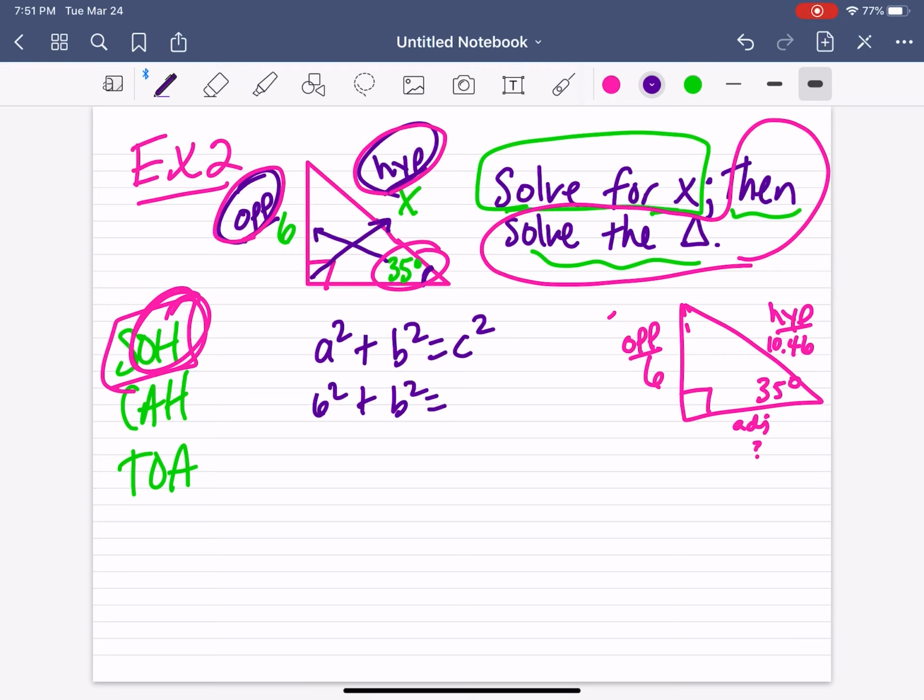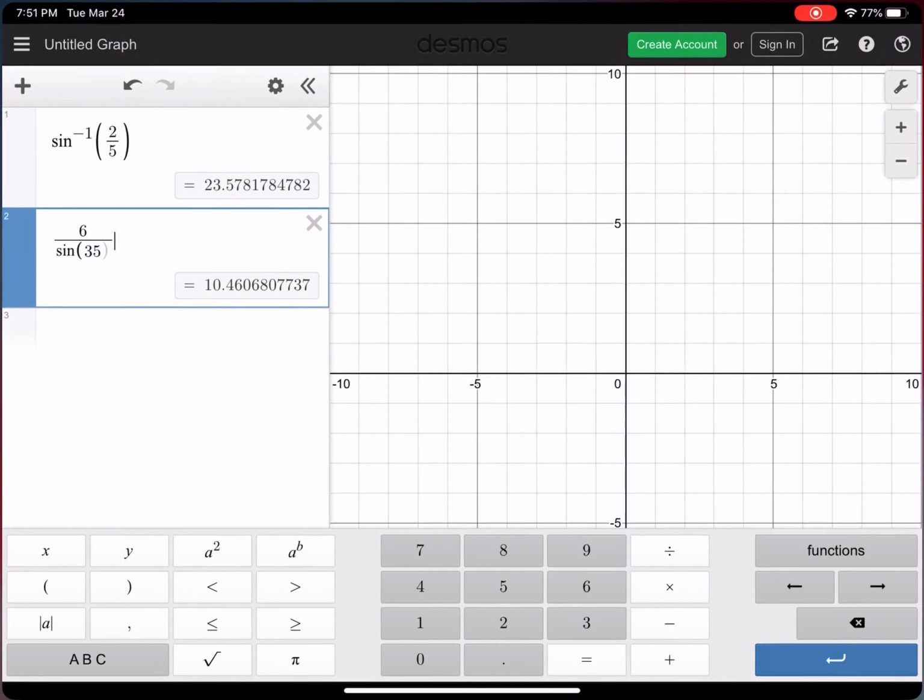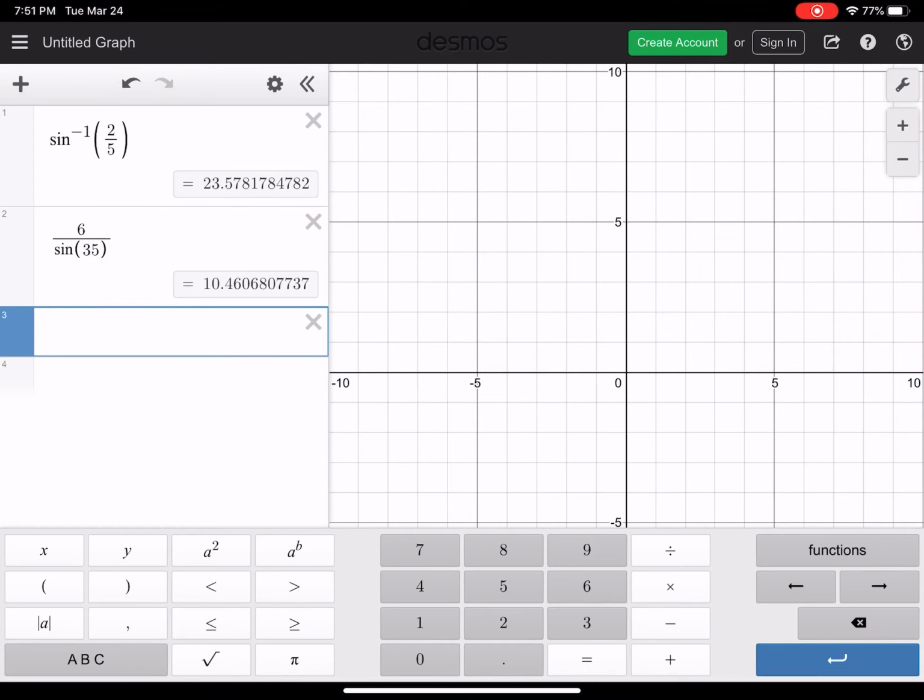And again, c is always your hypotenuse. So 6 squared is 36 plus b squared equals 10.46 squared. So back to the calculator. 10.46 squared, that's 109.4.